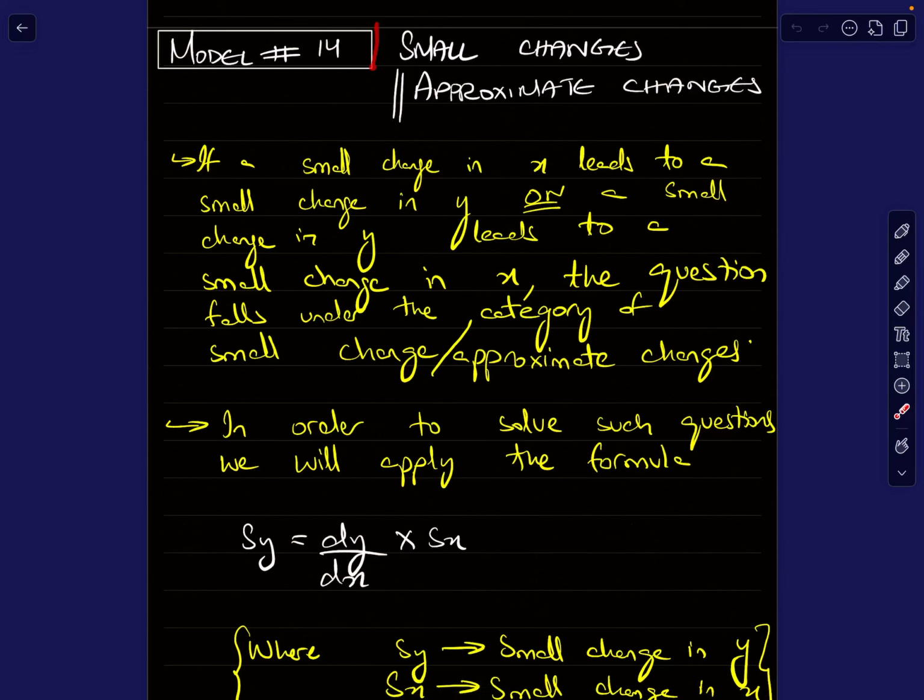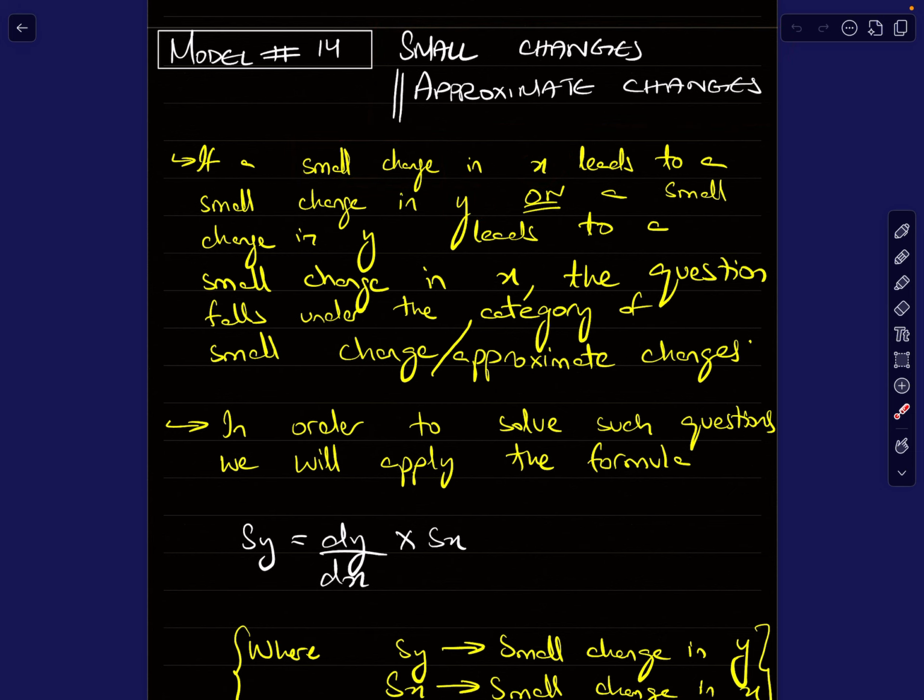A question will fall under the category of small changes or approximate changes when a small change in one variable causes a small change in another variable. That is, only when this change is small enough.